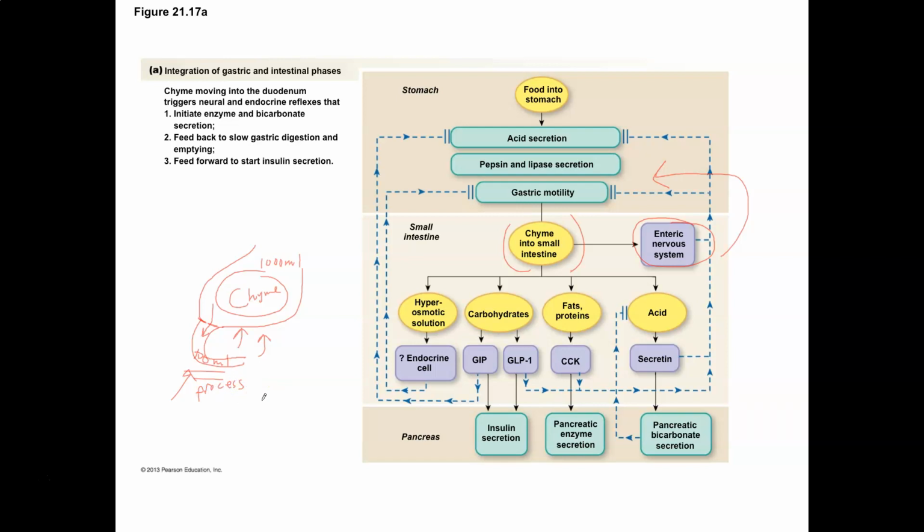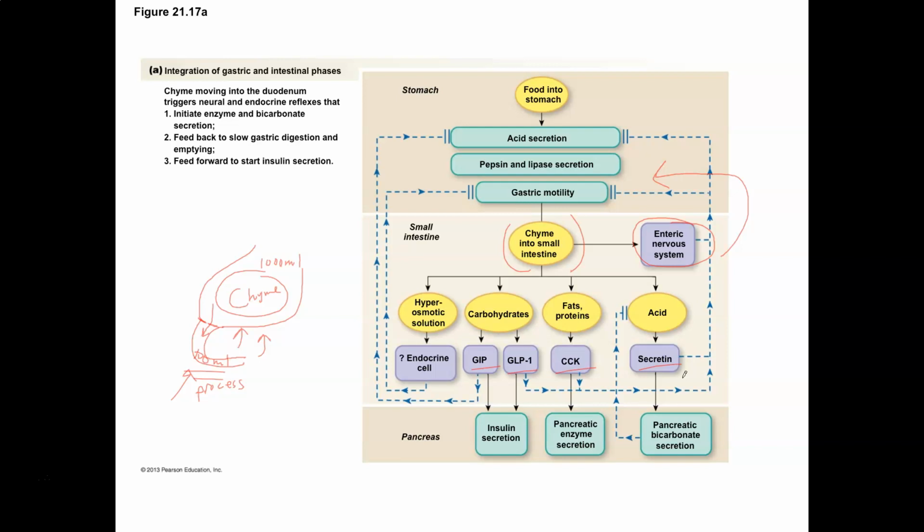So the enteric nervous system is involved in that. And then, of course, hormones are involved in that. So cholecystokinin inhibits gastric emptying, gastric inhibitory peptide, glucagon-like peptide. These are all hormones that can slow down, even secretin, can slow down gastric emptying and give the intestine time to process what enters into it.